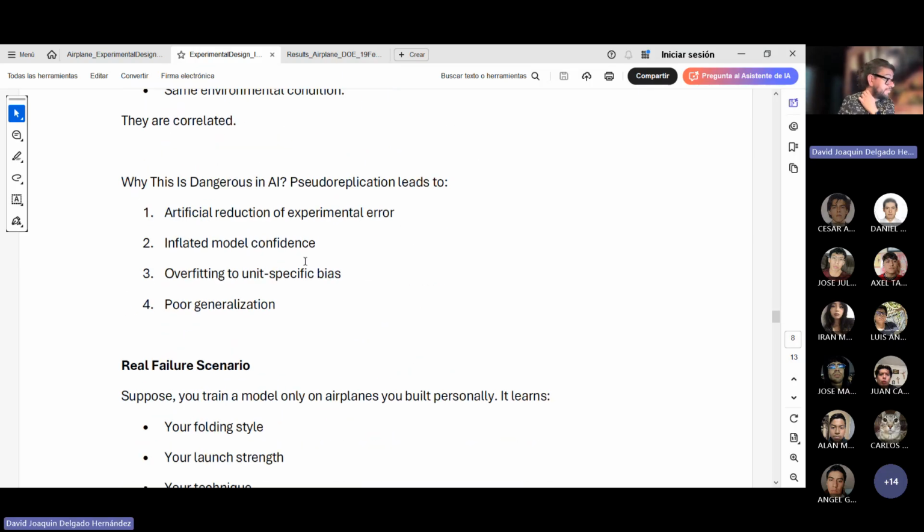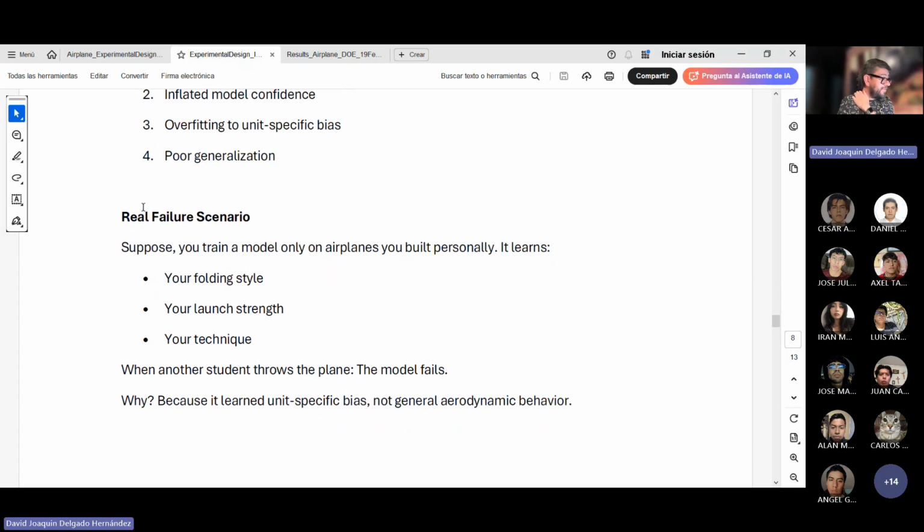And look here, a real failure scenario. Suppose that you train a model, like the linear model or the quadratic model, only on airplanes that I have built personally. So these airplanes, I fold with my style. I launch with some particular strength, and it is my technique.